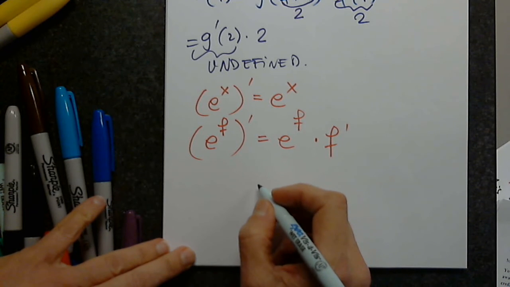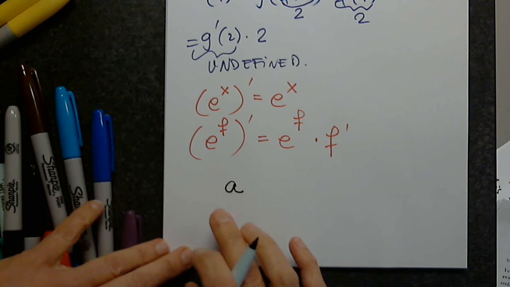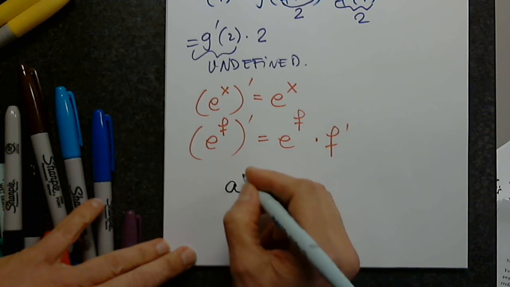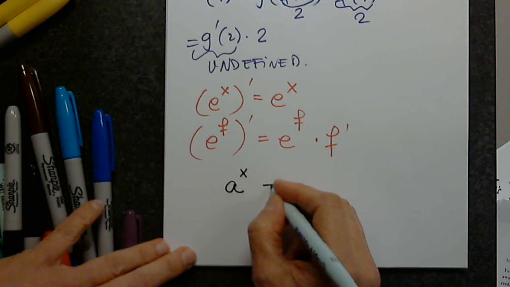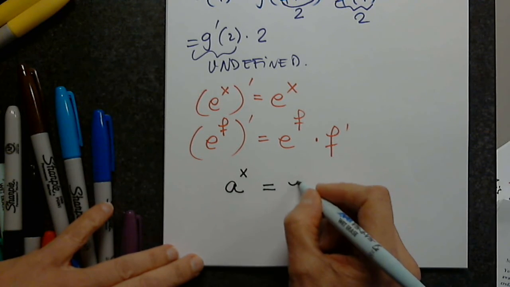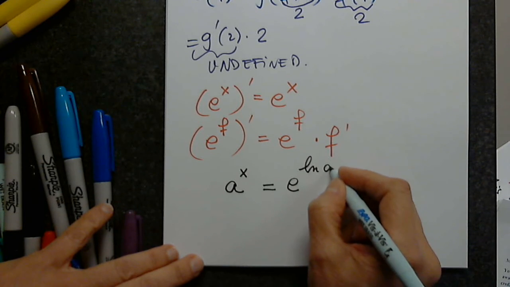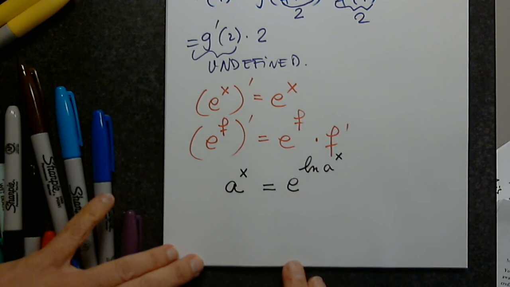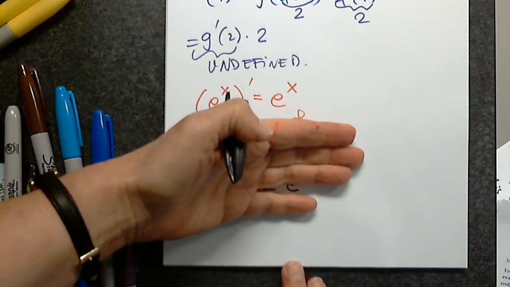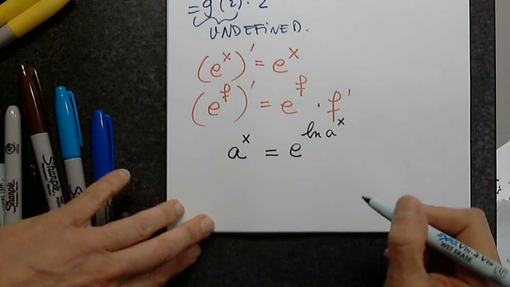Can I rewrite a, it's not e, anything else but e, to the x power, as e raised to natural log of a to x? And don't say yes or no. Let me talk about the property a little bit.